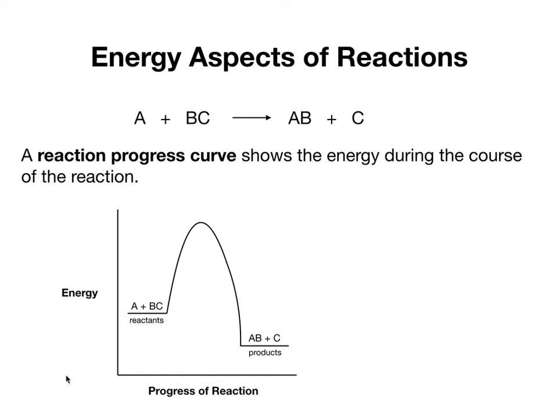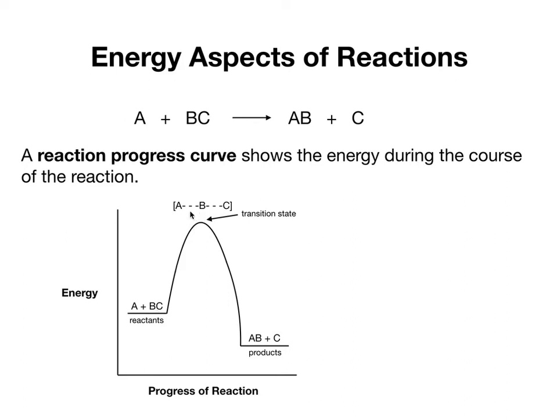Now at the very top of the curve, really the highest energy, that position in the reaction is called the transition state. And what we have at the transition state is an instance where the bond between B and C is being broken. That's shown with this dashed line here.